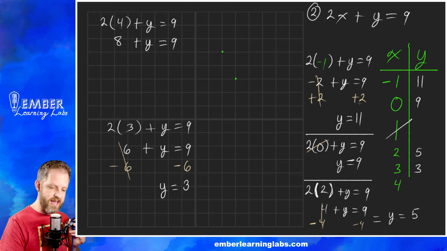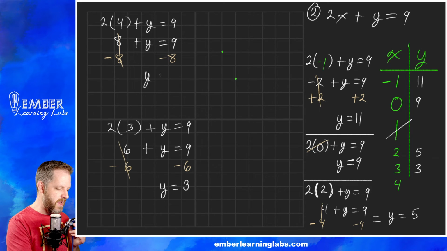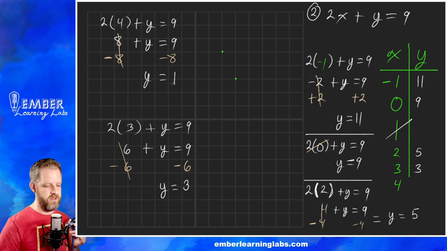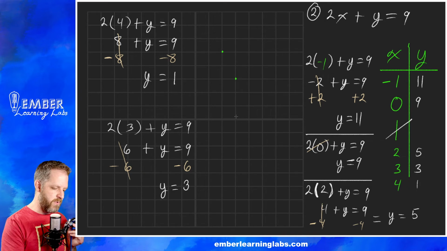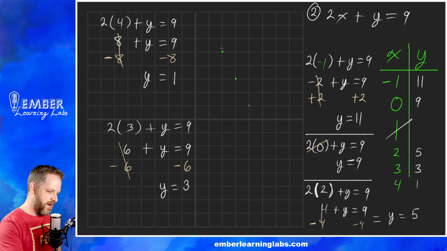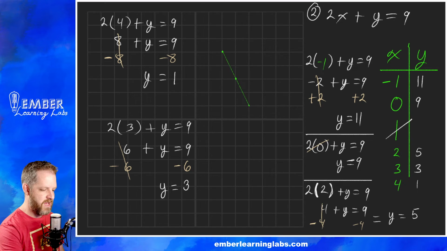Got to subtract that 8 off of there. Those cancel, leaving us with y equals 1. So we're going to put a 1 in our table, and then we're going to plot that point by going over 4, up 1. Then we connect our dots, and we've got a graph ready to go.